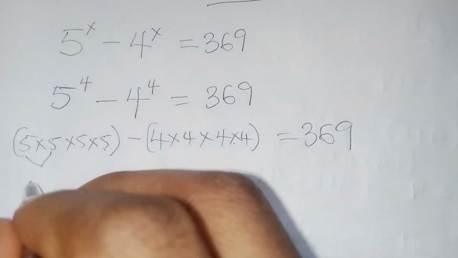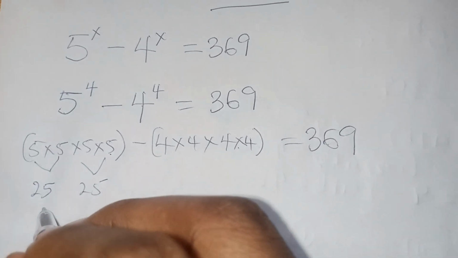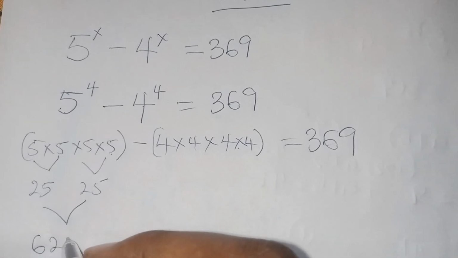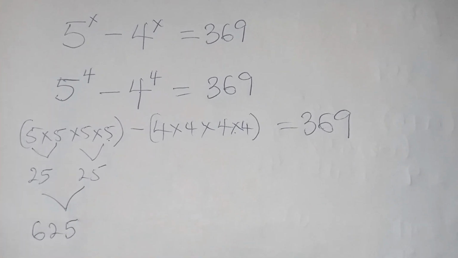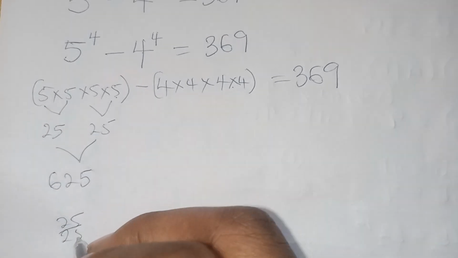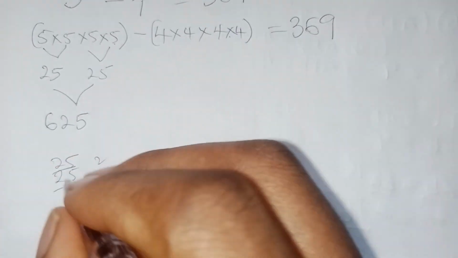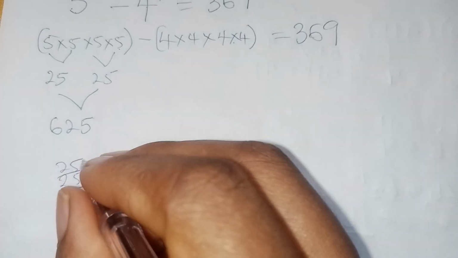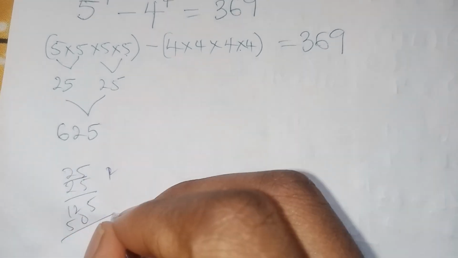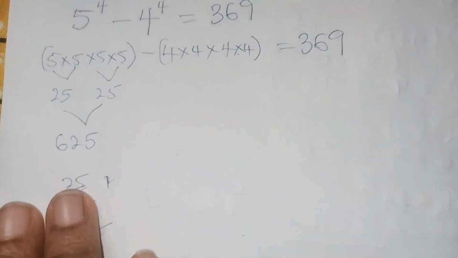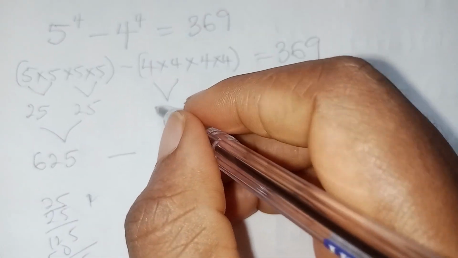Now this gives us 25. This also gives us 25. And we'll multiply this, we have 625. We can check that by multiplying here. So from here we have 16.